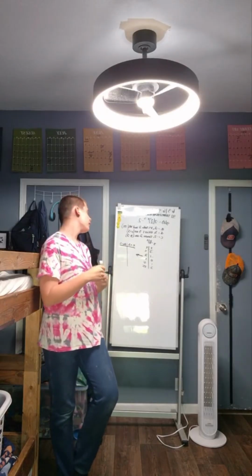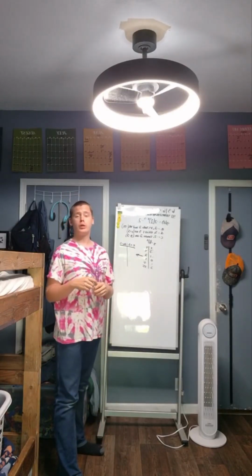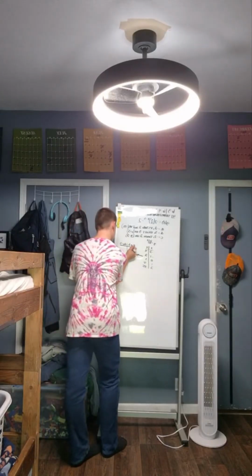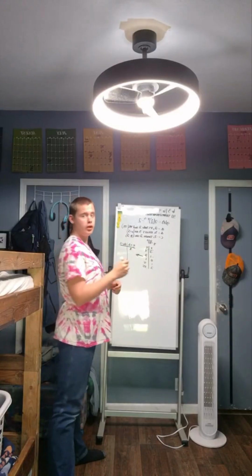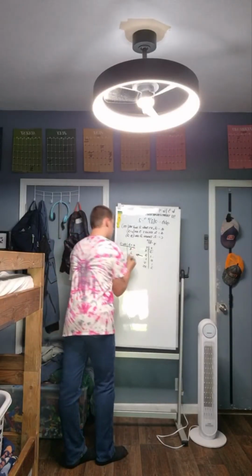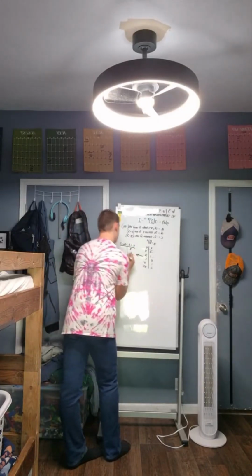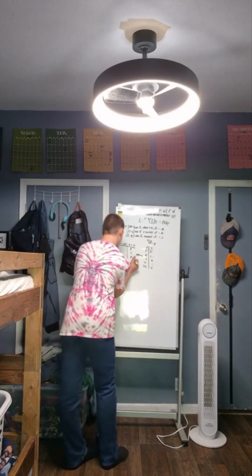So we have negative 2 plus 3. What's negative 2 plus 3? 1. What's negative 1 plus 3? 2. What's 0 plus 3? Obviously 3. What's 1 plus 3? 4.